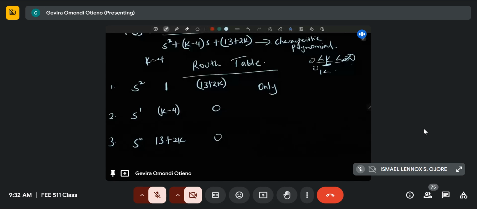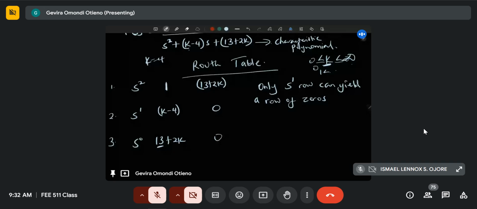And even if I do that here, the row still doesn't go to 0 because there's already a 13 plus something there. That row cannot go to 0. Therefore, only the s to power 1 row can yield a row of zeros.